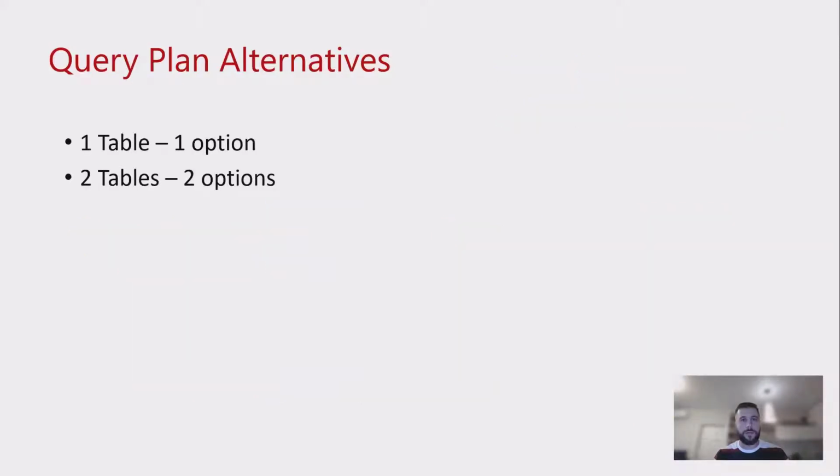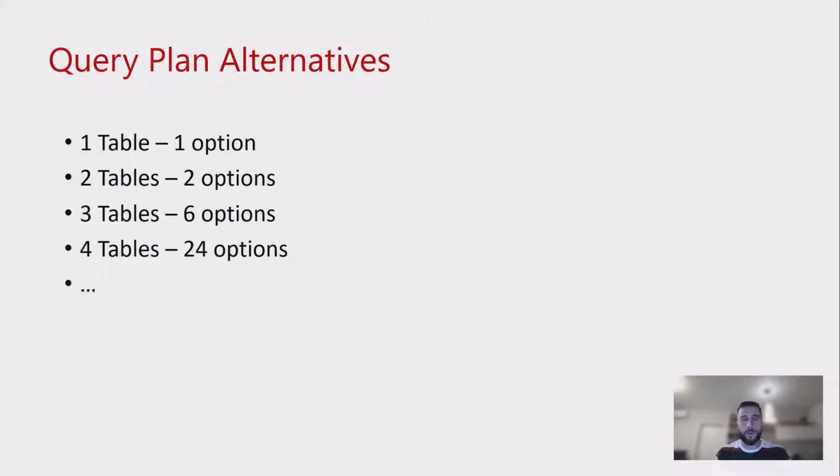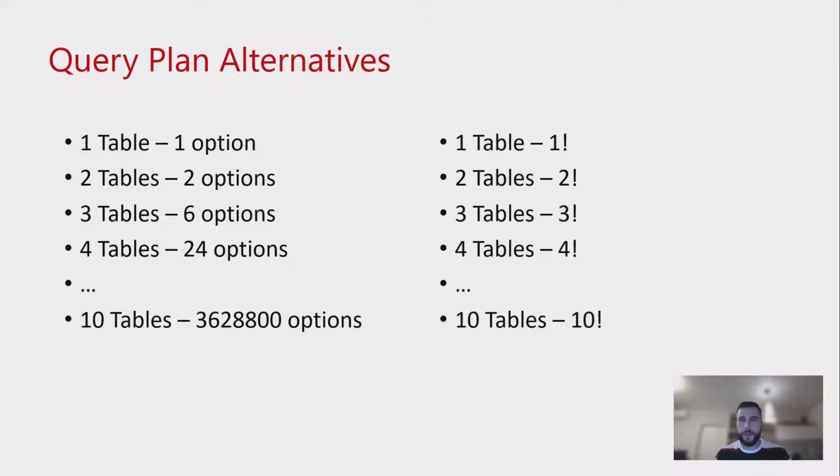Let's say we have 3 tables. How many options to get the data will we have? 6. For 4 tables it will be 24 options. Now you understand how big it could be. For 10 tables it will be pretty big amount of options. And this is factorial complexity, and you know that SQL Server is not limited by 10 tables or 20 tables.